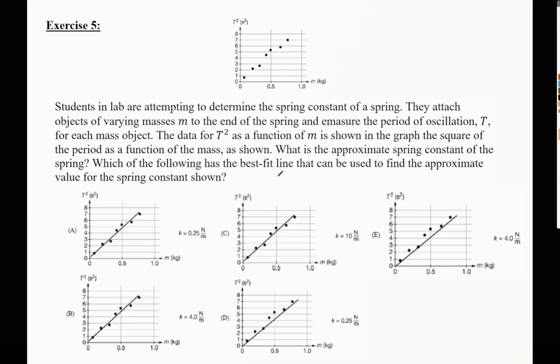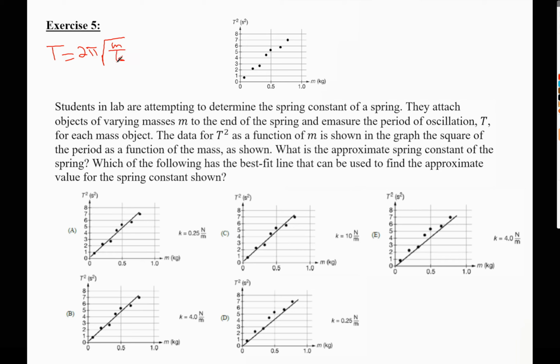Which of the following has the best fit line that can be used to find the approximate value of the spring constant, as shown? Now here they didn't mention whether this is a simple harmonic oscillator, but we're going to assume that. And the period is given by 2 pi square root m over k. Now we're plotting T squared as a function of m.